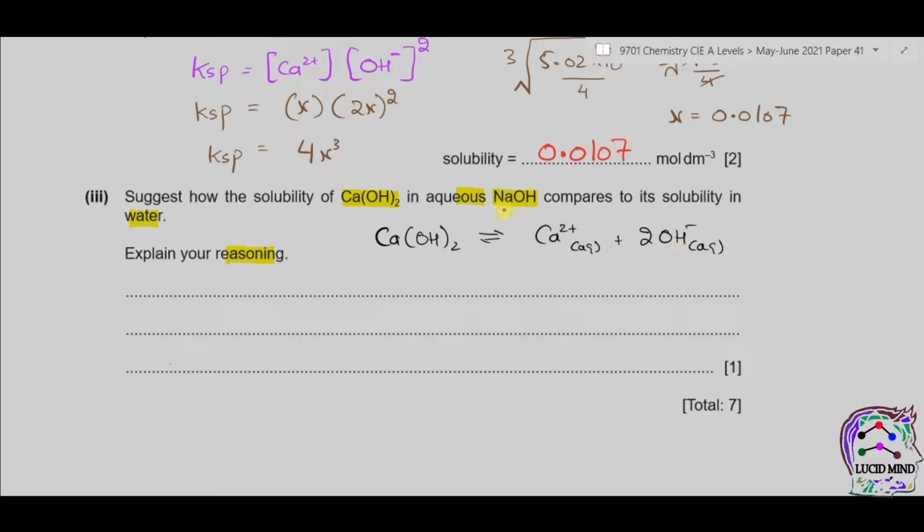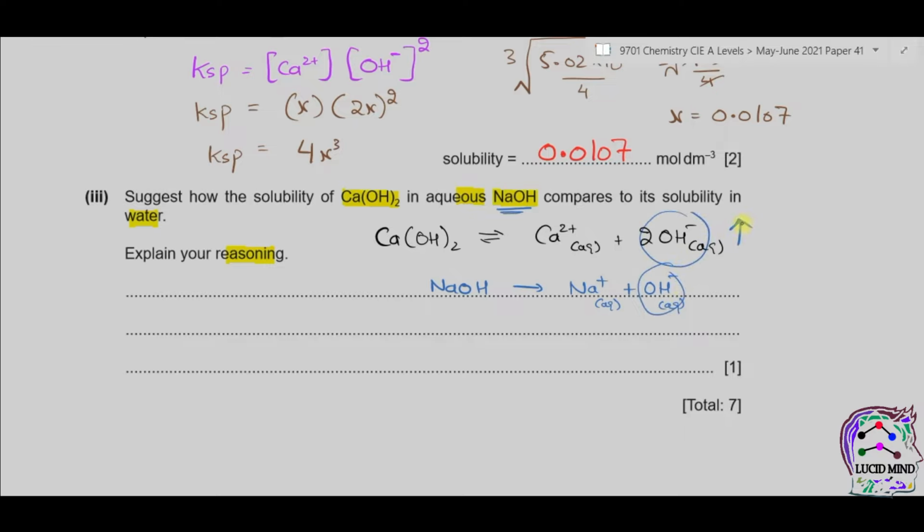Now what happens if we add sodium hydroxide along with water is that sodium hydroxide is fully soluble and will form sodium ions along with hydroxide ions. Now the concentration of hydroxide ions is increasing.